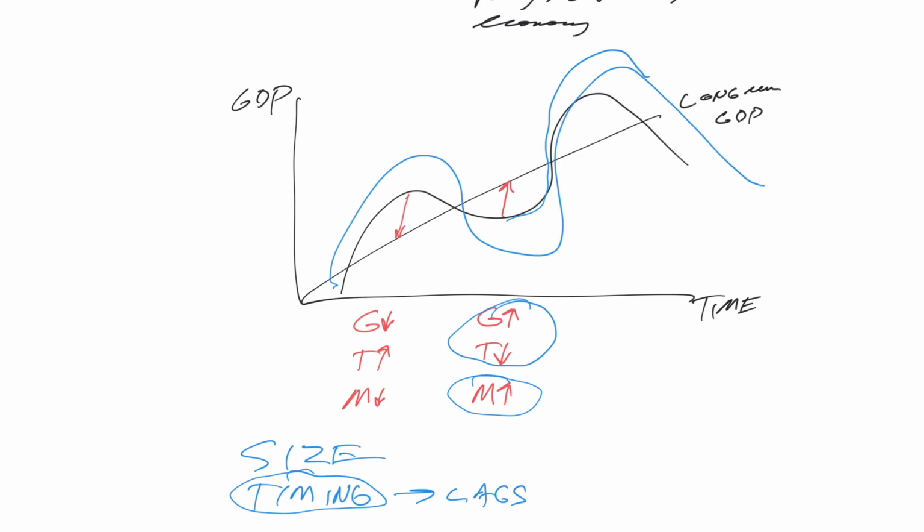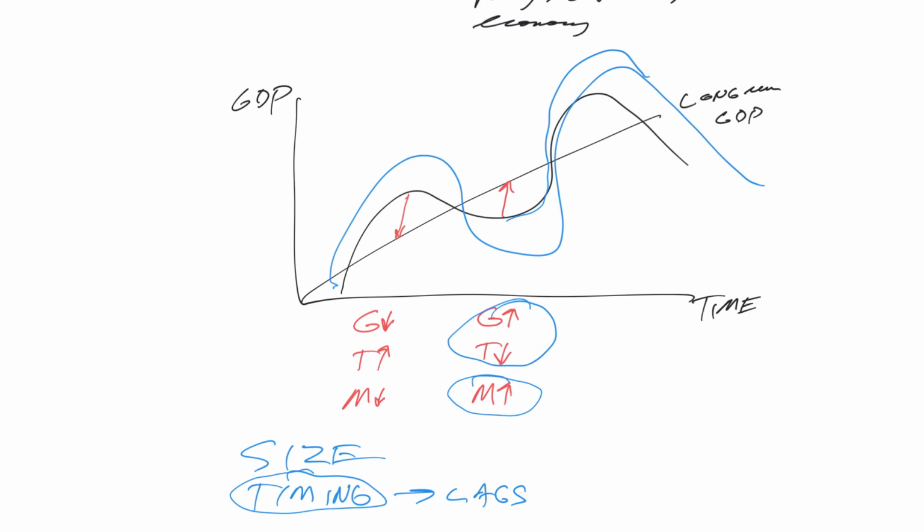So getting the right size, getting the right timing is very difficult. It's very difficult to manage this. So that's why most economists really reserve government intervention, fiscal and monetary policy, to times that really need it, not to fine-tune it.